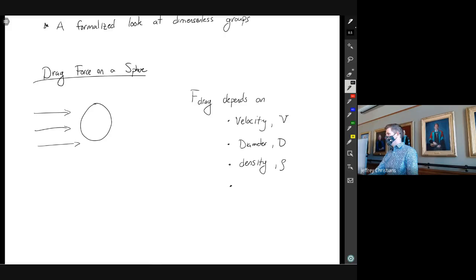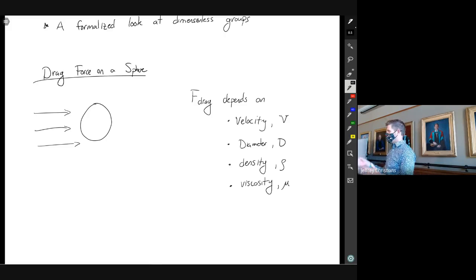Would those be different? Because of changes in what? Density, but also viscosity. Okay, so those are going to be the four main things, where if we change any of those, we change the drag force. So drag force is a function of those four things.